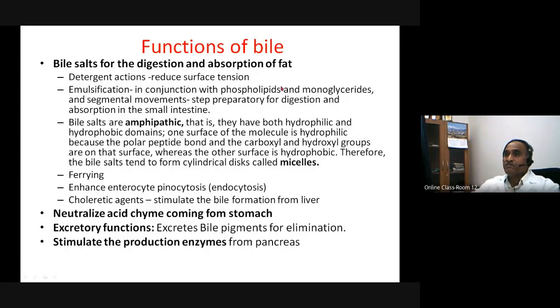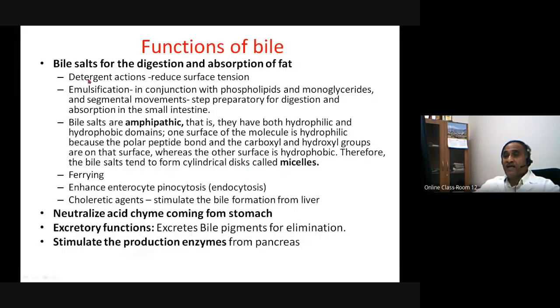That would produce a sort of agitation, and that will emulsify. The surface tension is lowered, so that fat will be spreading, and because of the agitation of the intestine, along with other molecules like phospholipids and monoglycerides, with the help of these segmental movements, they will form the emulsification. That means it's an emulsified thing, just like your milk. Milk is an emulsified solution.